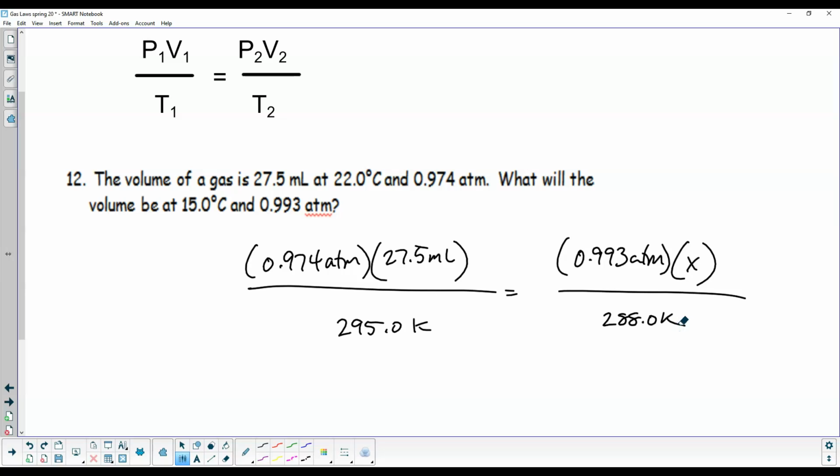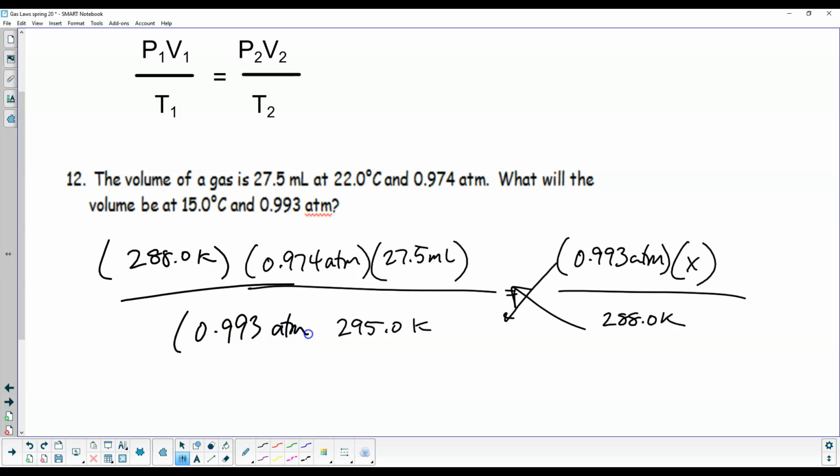Now I want to get that X by itself, so we're cross multiplying, right? You guys understand this one goes up here and this one goes down here, right? So I'm going to put the 288 Kelvin up here, and then the 0.993 atmospheres goes down here. Notice the Kelvin cancels, the atmospheres cancel, we're left with mL.